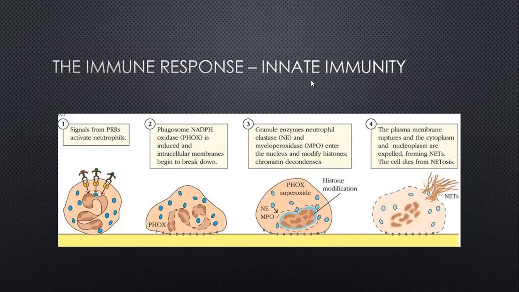So for example, type 4 toll-like receptor detects and can identify just gram-negative bacteria. Some other toll-like receptor is able to identify gram-positive bacteria. Some other types can detect some types of virus, and that's how it goes.